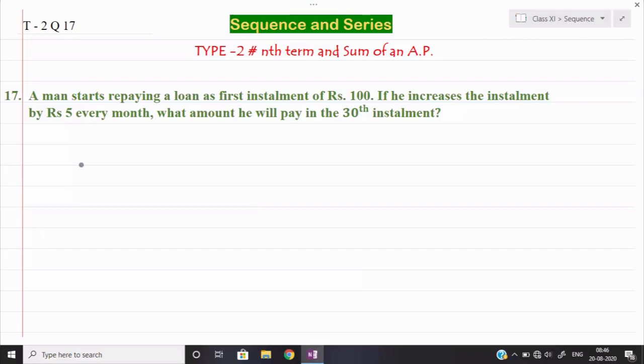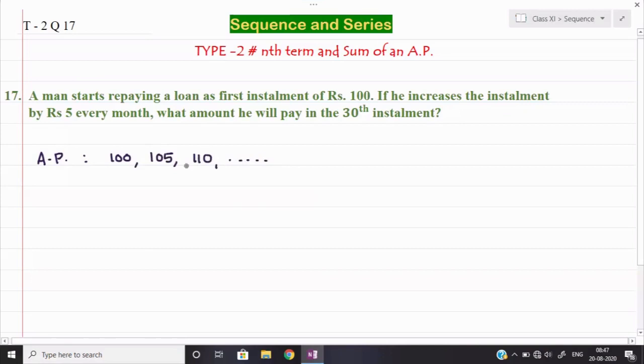So see, it is very clearly given to us. Suppose first installment he is paying 100. What will be the second installment? That will be 105, because every month he is increasing by rupees 5. Third installment will be 110, 115 and so on. So we can say that it is definitely forming an AP, because the same increment is there each and every month. So I can say first installment is 100, then 105, 110 and so on.